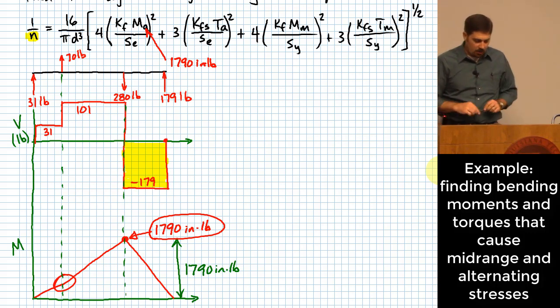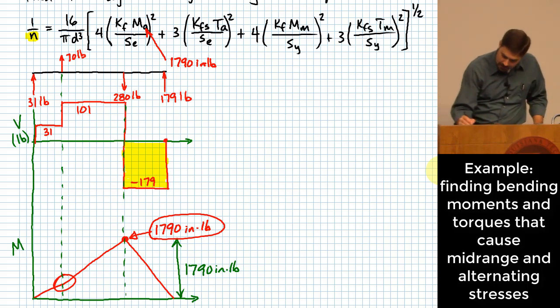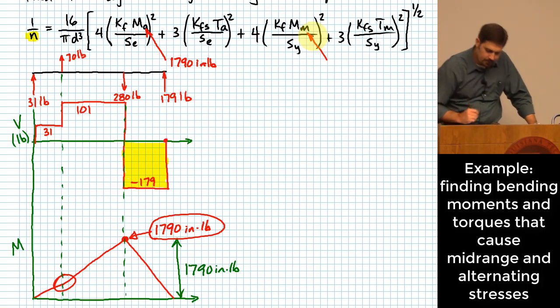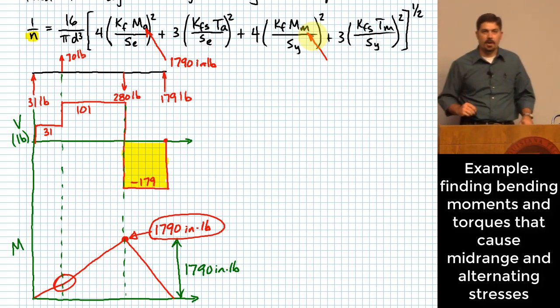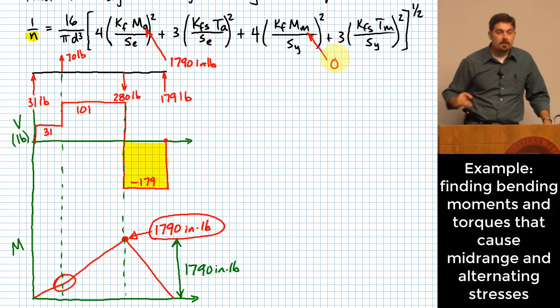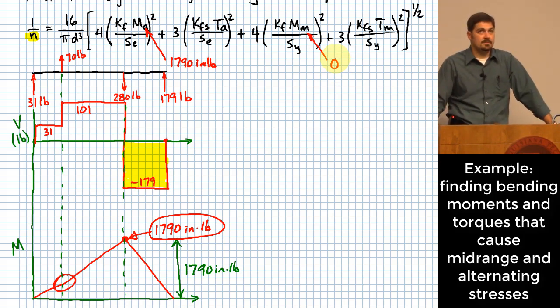Okay? Now, question is there anything that I can do to figure out what M sub M should be? Okay? Someone says it's 0. Do you agree? Okay? Yeah, it is going to be 0.